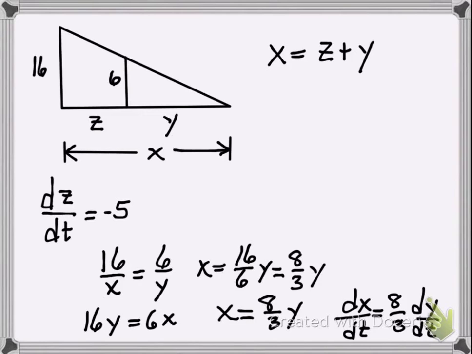So we've got that so far. Then going back to the equation at the top, x equals z plus y, if we take the derivative term by term, we get dx/dt is equal to dz/dt plus dy/dt.